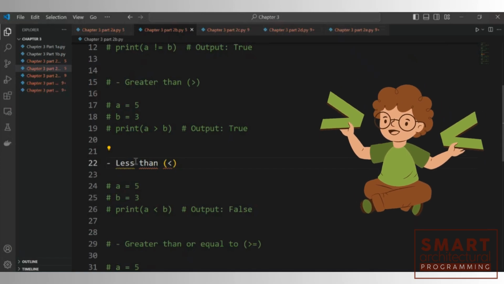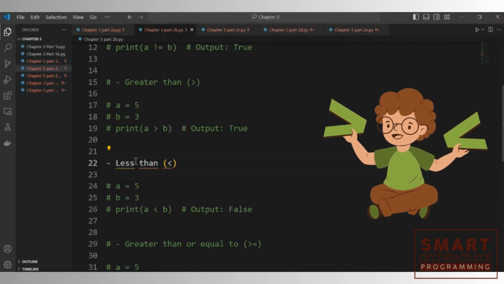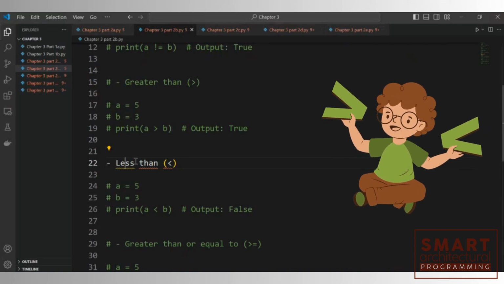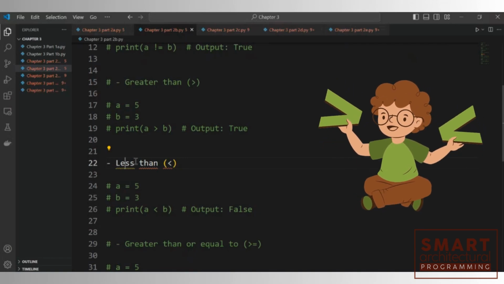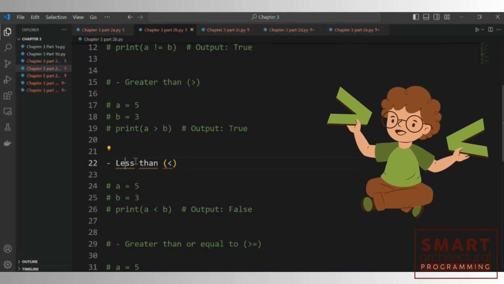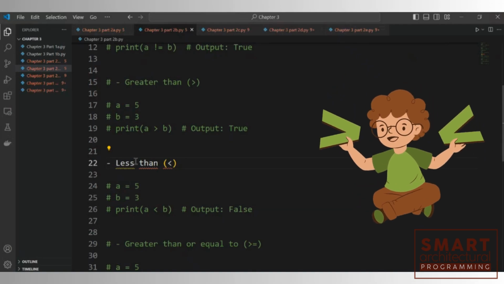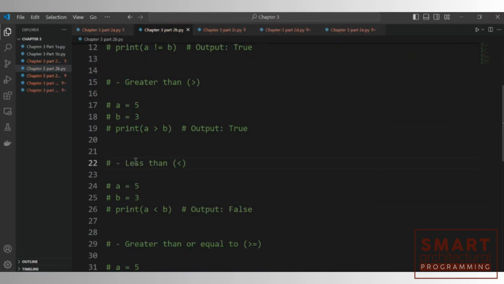So if the operator's mouth is open towards A, it's testing whether A is greater than B, and if it's open towards B, it's testing whether B is greater than A. Just keep that in mind, and I think you'll be very good with these operators moving forward.